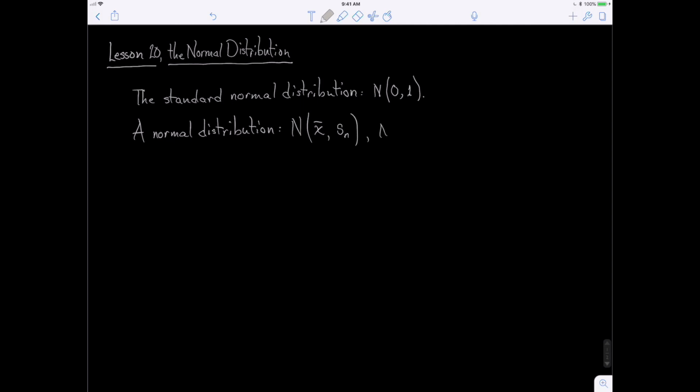You might also sometimes see it as N with mu for the mean and sigma for the standard deviation. So let's see how this applies.